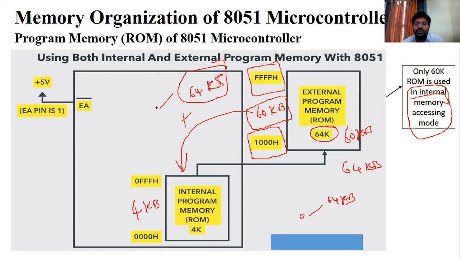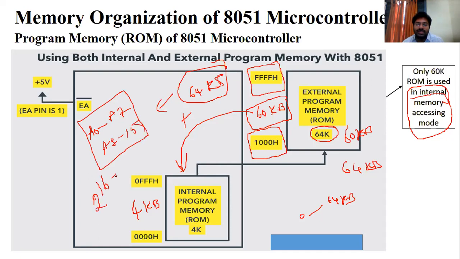Because we have the address lines, remember, A0 to A7, A8 to A15 also. So 2 power 16 is equal to 64 KB. These are the 16 address lines. 2 power 16 is equal to 64 KB. So any internal or external device you connect may be of size 64 KB only.